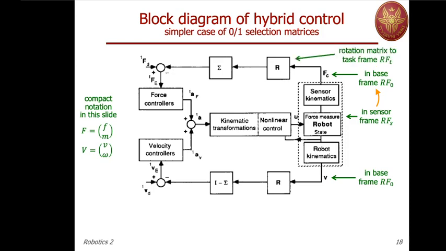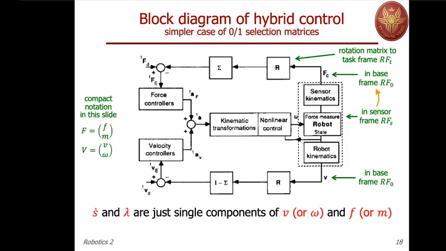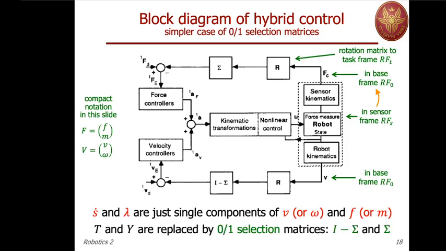Now the R matrix, which is present on both channels, will transform this quantity into the task frame that we define as RFT, so reference frame task. Now after that we select the component, and this selection is done by two matrices, sigma on top and I minus sigma on top, which are in fact the selection matrix with zeros and 1 in their columns.